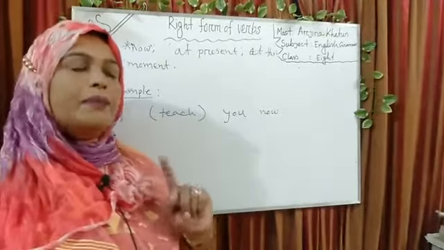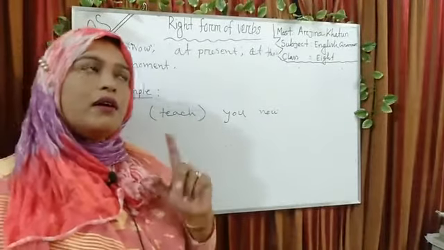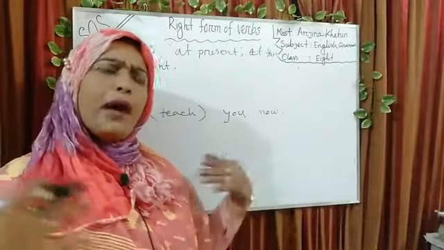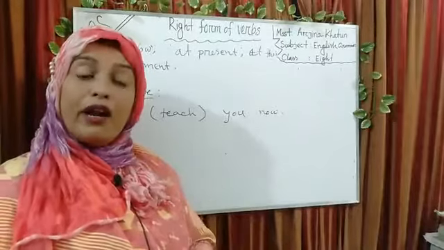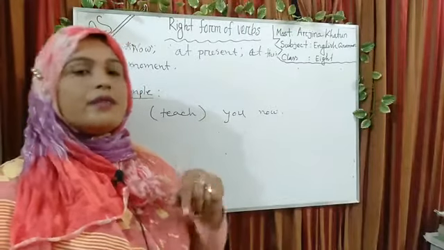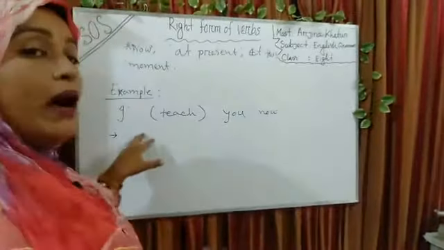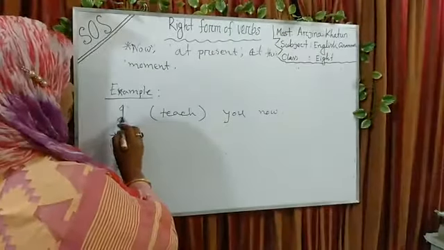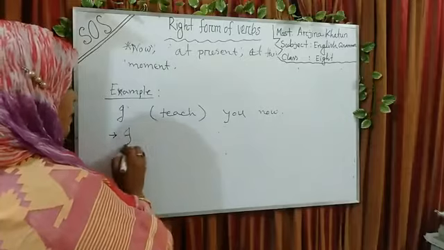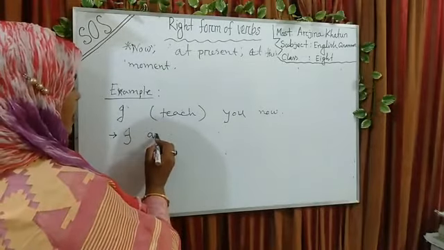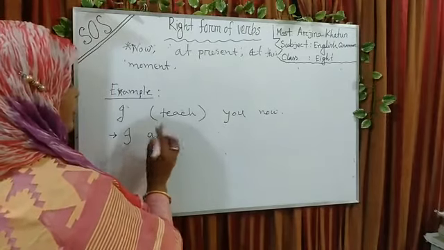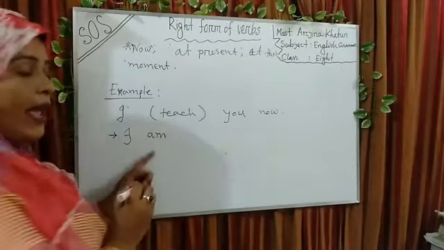And when the subject is you, we, they, or any plural noun, the helping verb is are. Here the subject is I, so its helping verb is am.